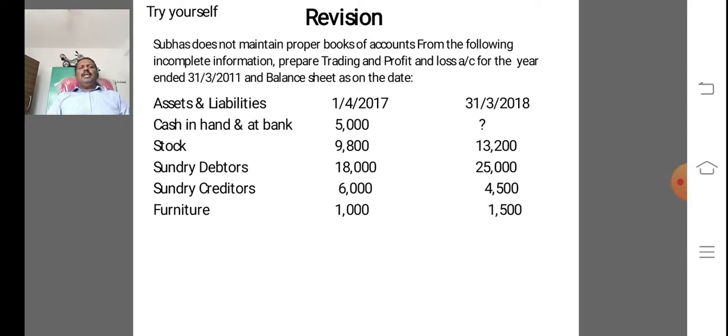Cash in hand and cash at bank 5,000. Opening is given but closing is a question mark. We have to find how. Stock 9,800, 13,200. Sundry debtors 18,000, 25,000. Sundry creditors 6,000, 4,500. Furniture 1,000, 1,500.